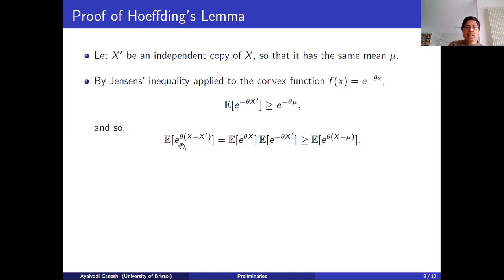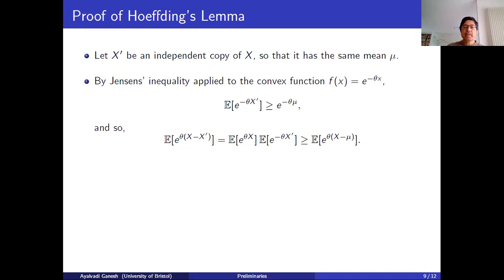And now what we are really interested in is the expectation of e to the theta (x minus mu). But let's start by calculating this instead, the expectation of e to the theta (x minus x prime). Well, this is e to the theta x times e to the minus theta x prime. Now, x and x prime are independent random variables, and it follows from that e to the theta x and e to the minus theta x prime are independent random variables.